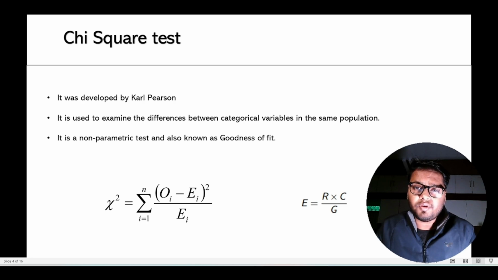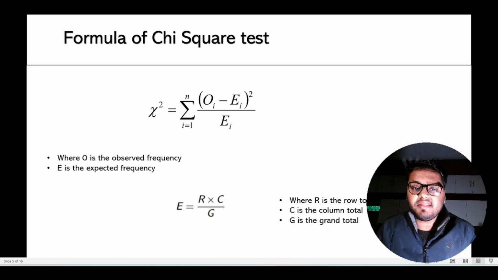It is also known as goodness of fit, and you can calculate the chi-square with the help of the below formula. Now here we can see the chi-square formula is equal to summation i equal to 1 to n, observed minus expected frequency whole square divided by expected frequency.